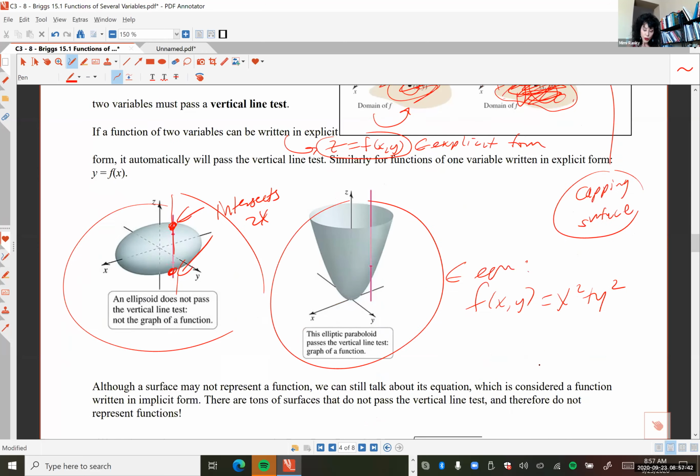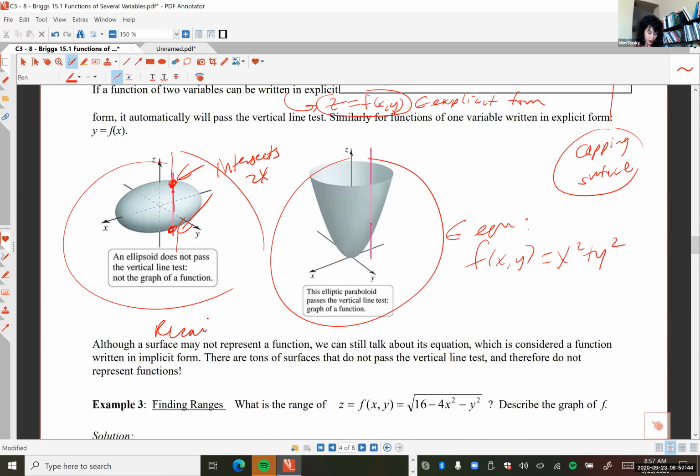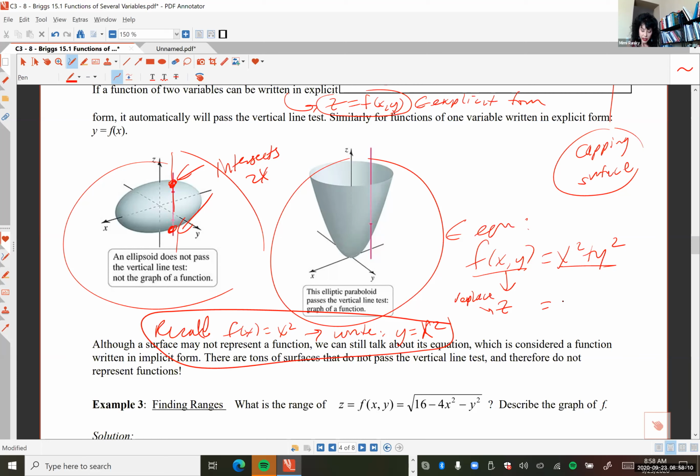And just like when you were in algebra, if you recall that if you had f of x, for example, equal x squared, you can replace f of x with y. Remember this? Please say yes, because you're going to have a similar analogous thing happen to us here in Calculus 3. If somebody writes f of x y equals whatever, stuff that has x's and y's in it, you can replace f of x y with a z.